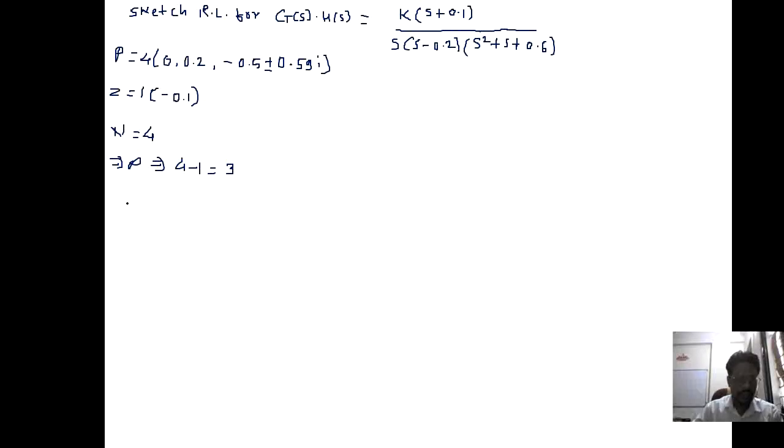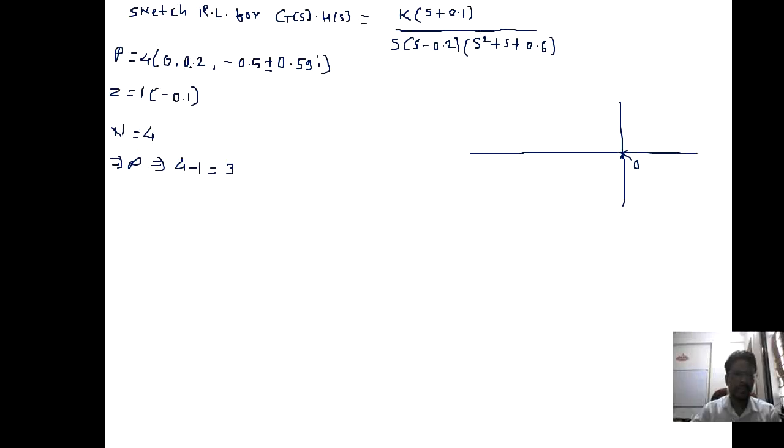So the next step is existence of root locus. Considering this as the S-plane, plot all the poles and zeros. The first pole is at 0, then 0.2.